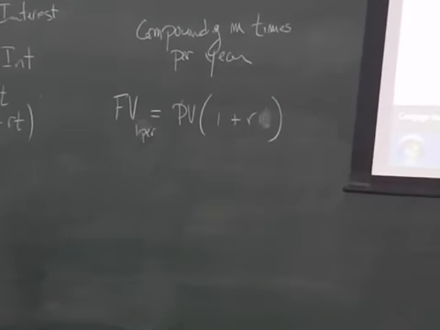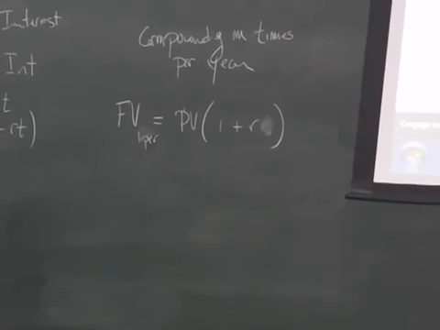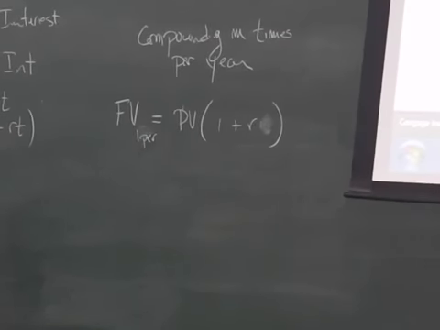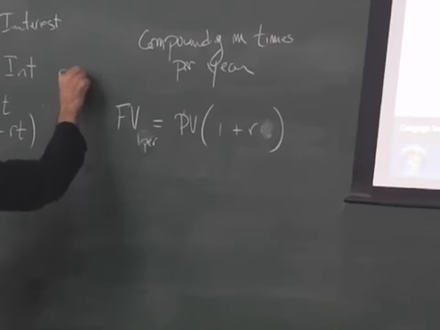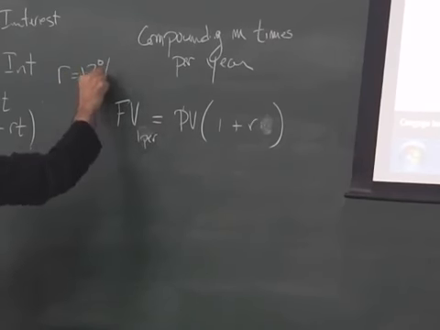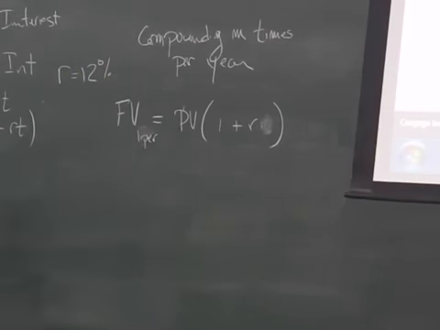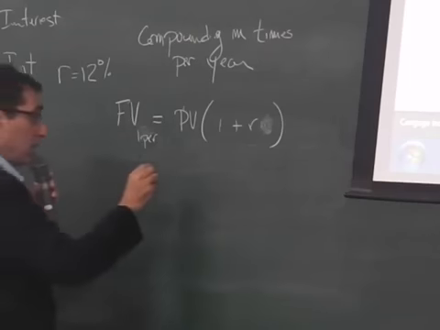So let's suppose we got really lucky and we got 12% per year, a really super great bank, and they gave us R equal to 12%. Now, suppose that I'm talking about compounding it semi-annually. So should I, is this the right thing?